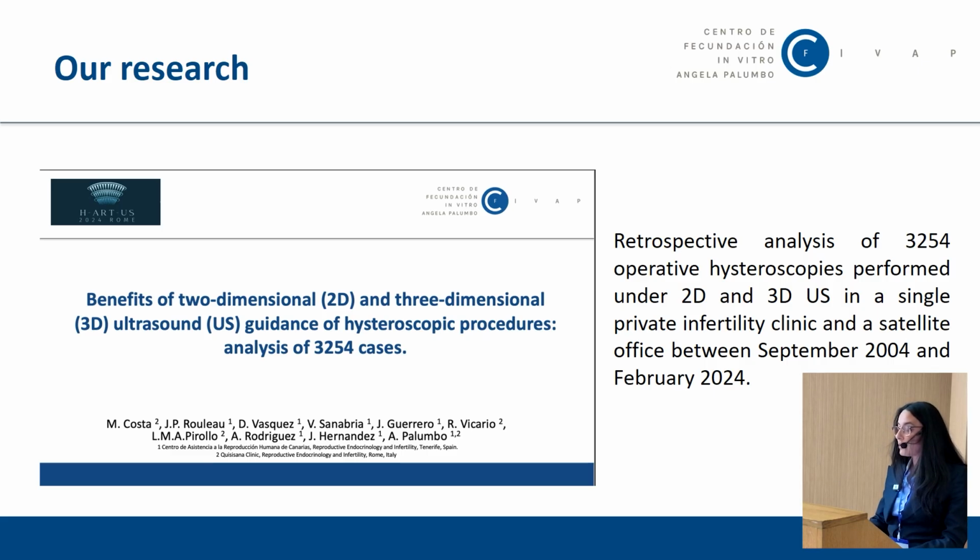The aim of all these articles is illustrating the advantages of performing hysteroscopy under 2D and 3D ultrasound guidance, testing the hypothesis that this technique decreases the complication rates reported in the literature and improves the accuracy and efficiency of the hysteroscopic procedures.